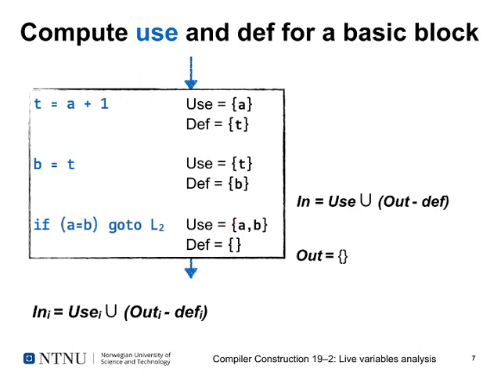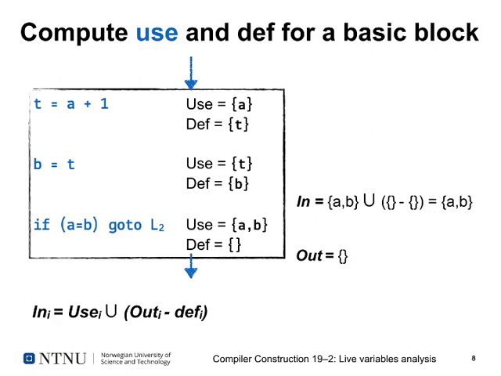We get in equals our use, A B, joined with out, which is the empty set, minus def, which is the empty set here. So A B joined with the empty set, of course, remains the set of A and B.